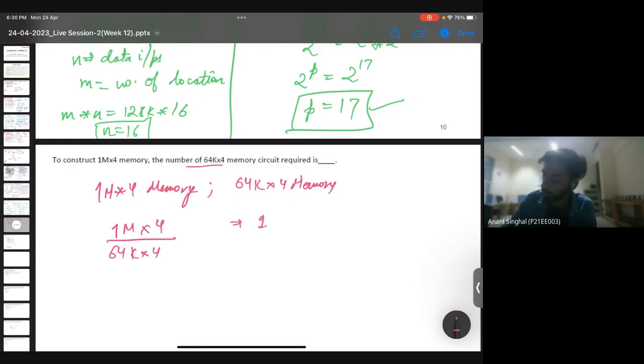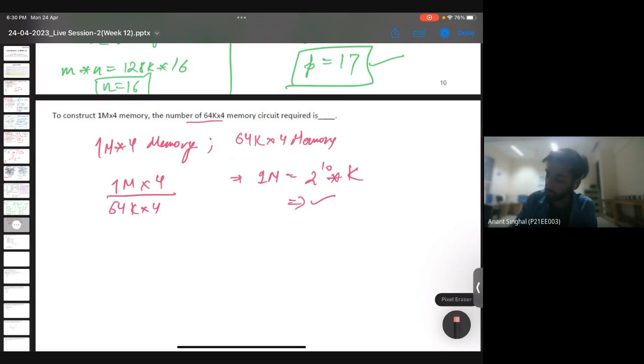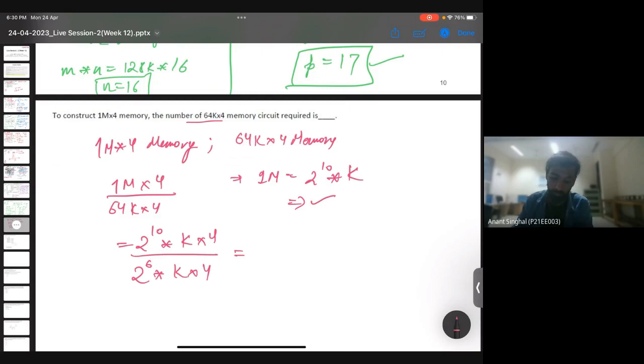So we know 1 mega is nothing but 2 to the power 10 into k. So I'll just write the same here. It will be 2 to the power 10 into k, and then 64 is nothing but 2 to the power 6 k into 4. So we'll just divide them. It will give 1024 divided by 64, which will be nothing but 16.